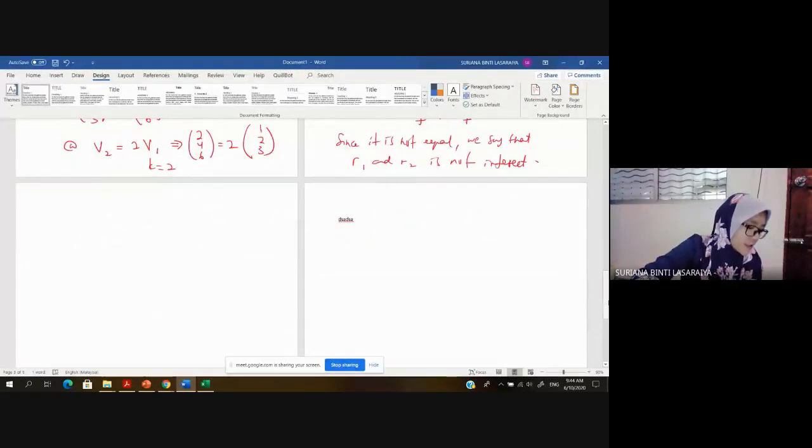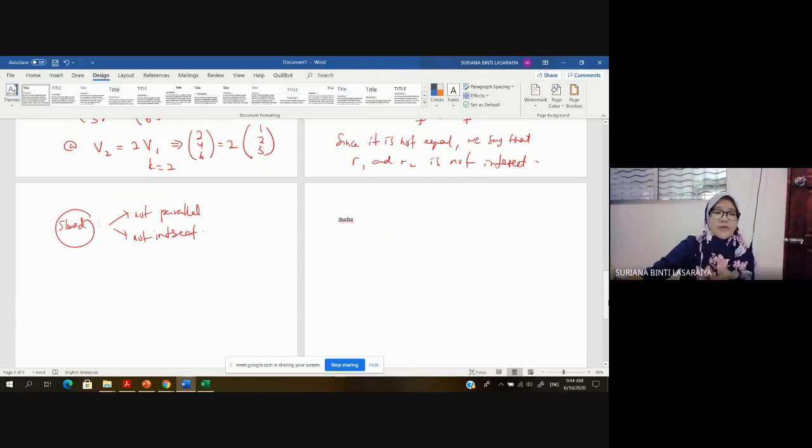So yang ketiga tadi tu apa? Skew, kan? What is the definition of skewed? Not parallel, not intersect. Okay, to show that two lines are skewed, maksudnya kamu kena tunjukkan that the two lines are not parallel and they do not intersect.